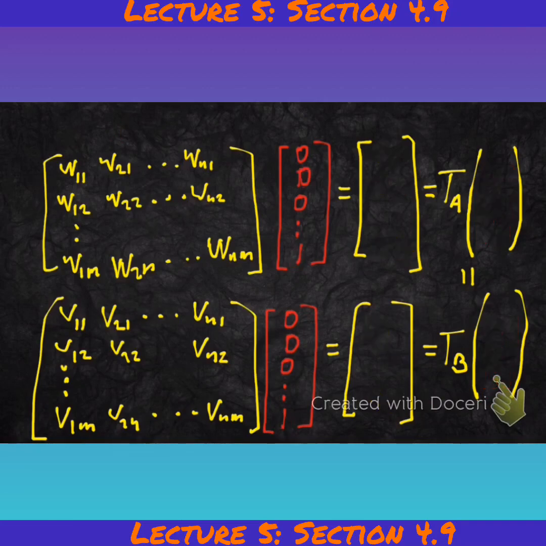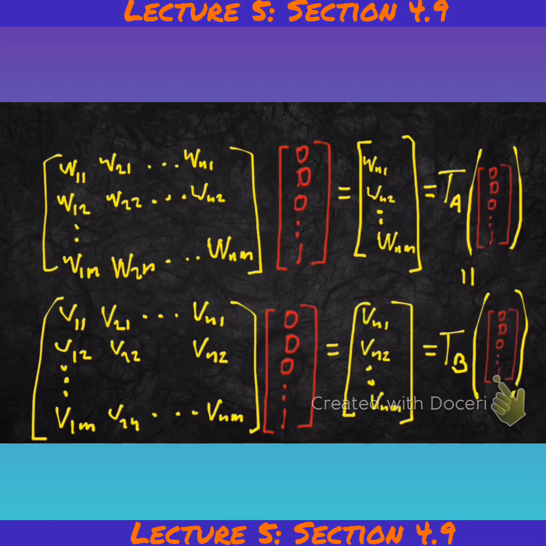Take the last vector, and again, we're going to get the last column of the matrix, and the last column of the other matrix.